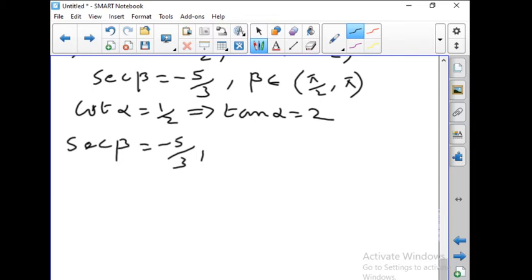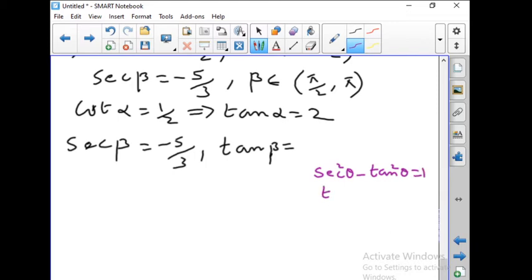So we have to find now tan beta. So we know the identity. So for tan beta, what is the identity we know? Secant square theta minus tan square theta is equal to 1.